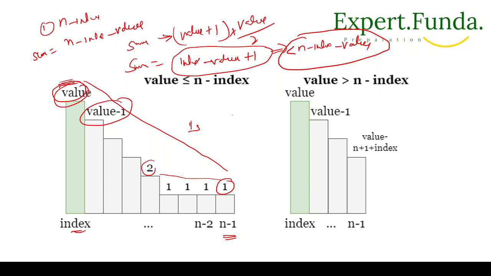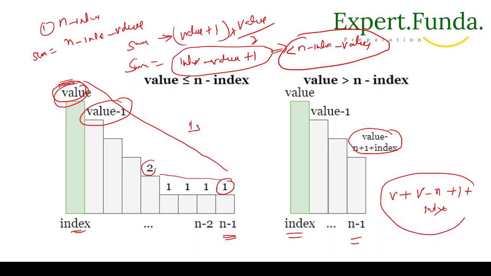Otherwise, there is only one arithmetic sequence on the right side of the index, with the first item being value and the last item being value minus n plus 1 plus index, as you can see here, and so this is going to be index to n minus 1. If we do the sum, the sum should be value plus value minus n plus 1 plus index.